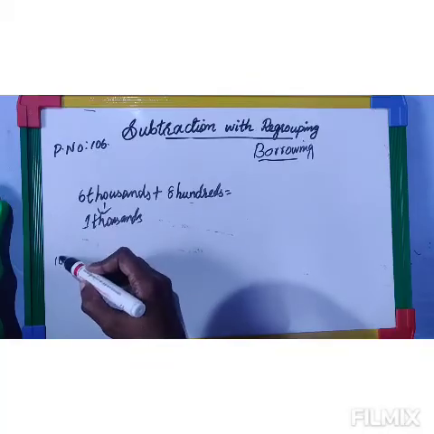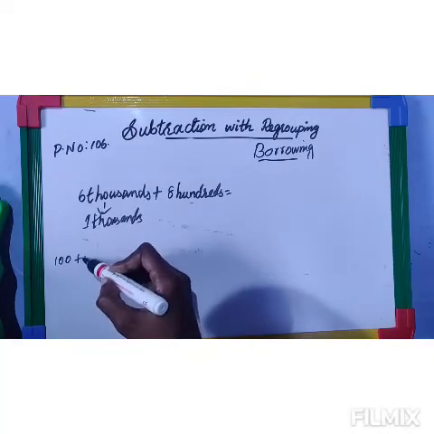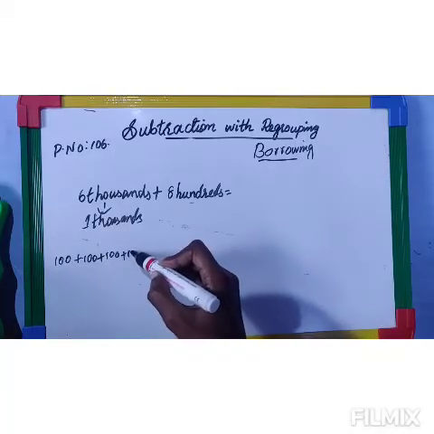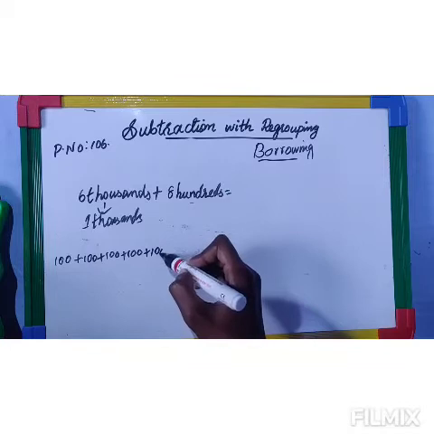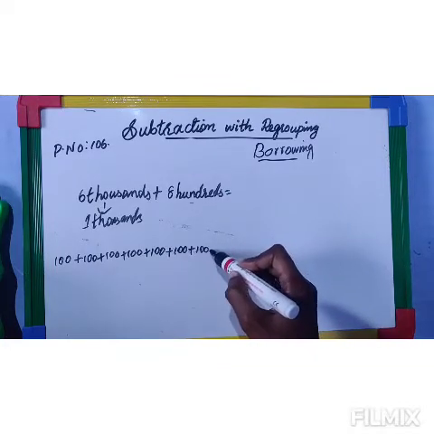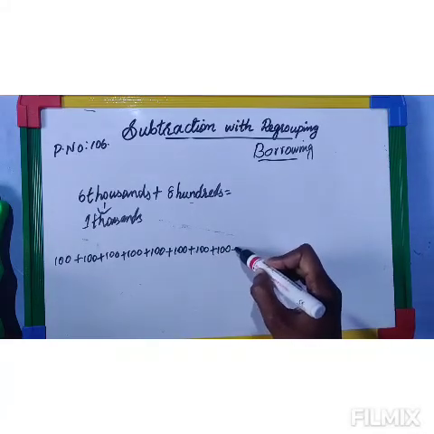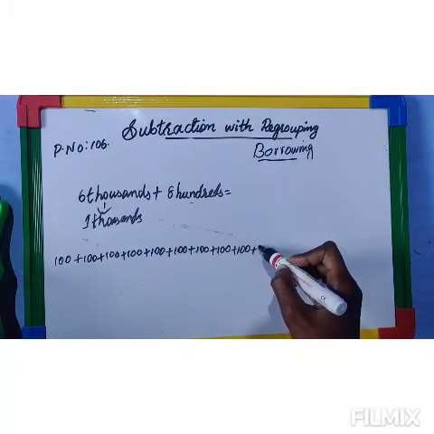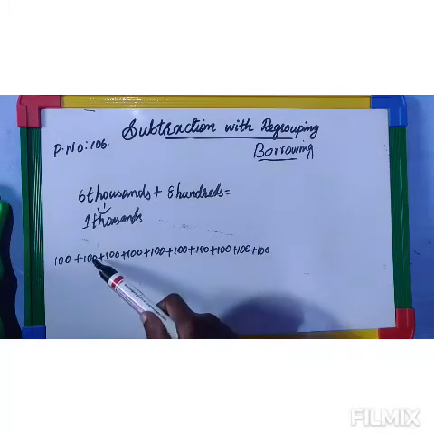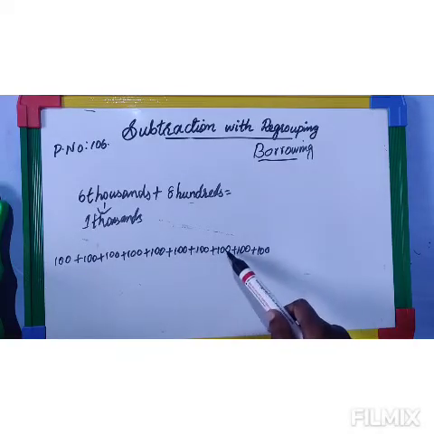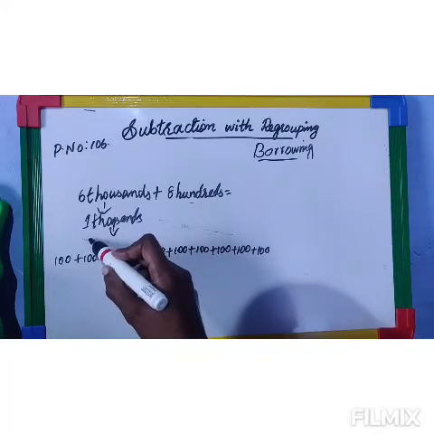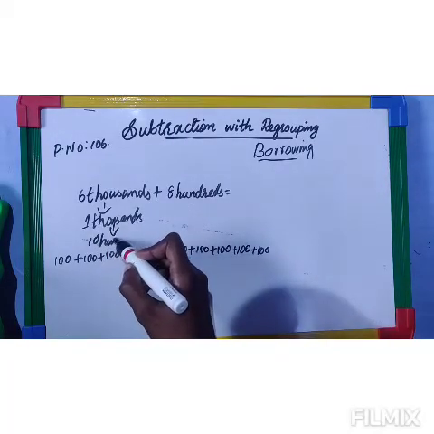Let's count: 100, 200, 300, 400, 500, 600, 700, 800, 900 and 1000. So 10 hundreds are there. So we can write 1000 equals 10 hundreds.